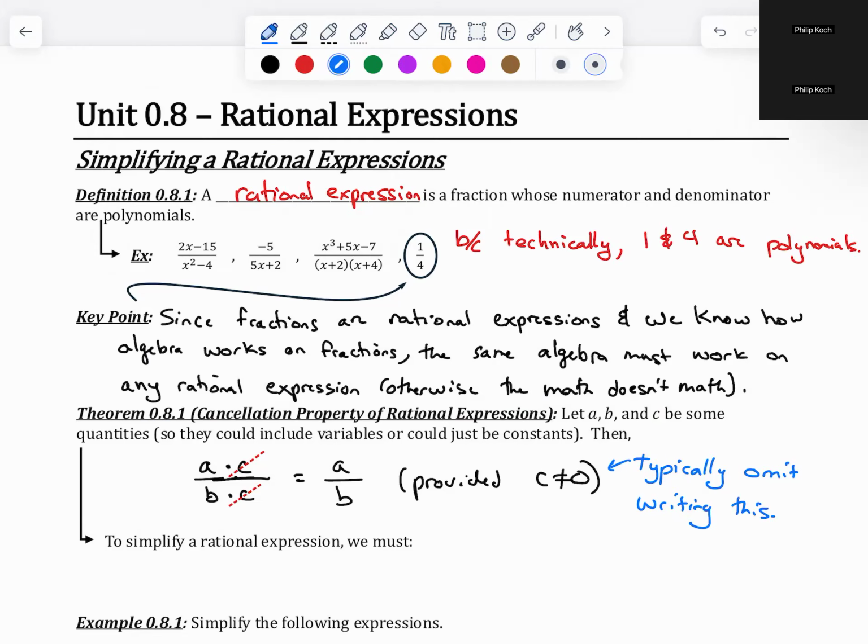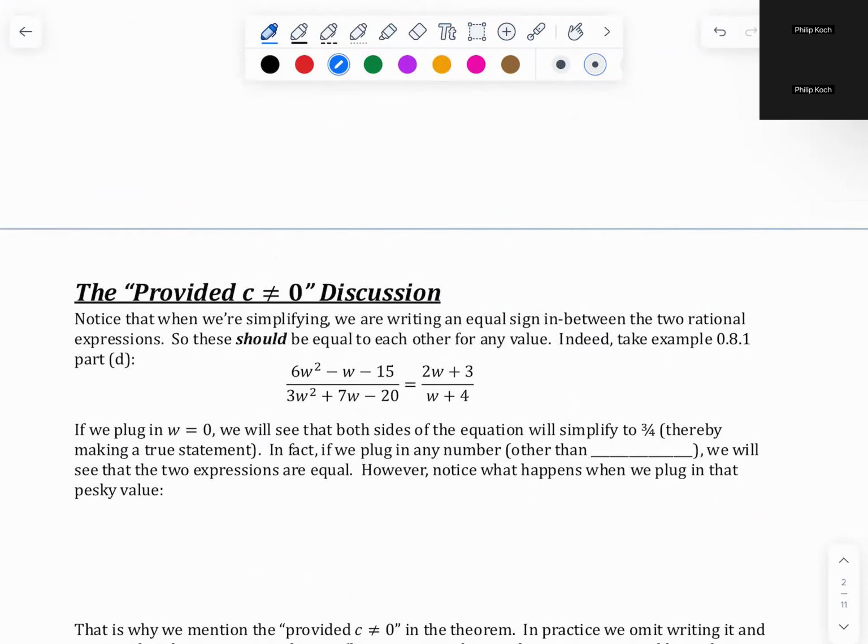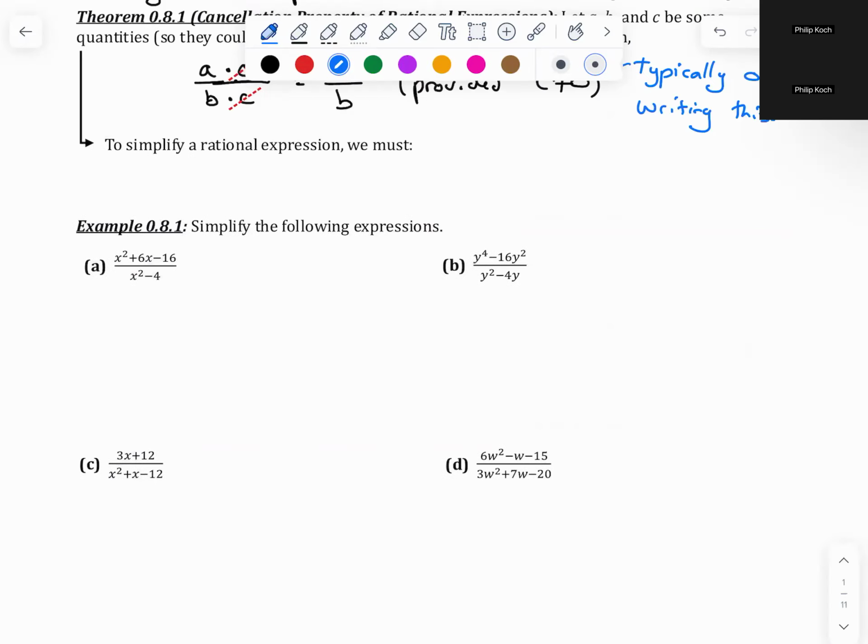So you notice that I've written provided C doesn't equal 0. I'll talk about that in the next page, because we do need to have that. It's an important thing, and it plays a role in calculus and beyond. So it's important to know the distinction, but we'll get to that.